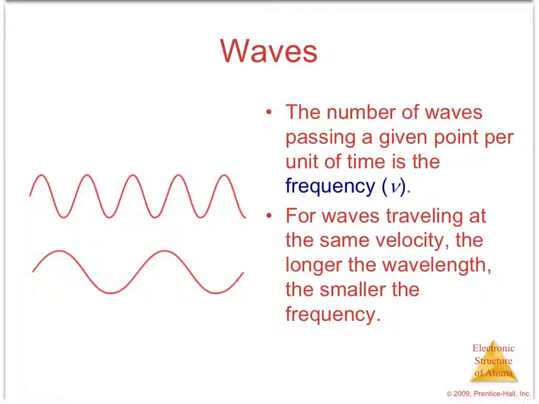In other words, if you have a longer wavelength and this wave is traveling at the same velocity as this one, then more waves are going to pass a given point per second for the shorter wavelength than for the longer one. Another way to say that is frequency and wavelength for electromagnetic radiation are inversely proportional. In other words, the greater the frequency, the less the wavelength, and vice versa.